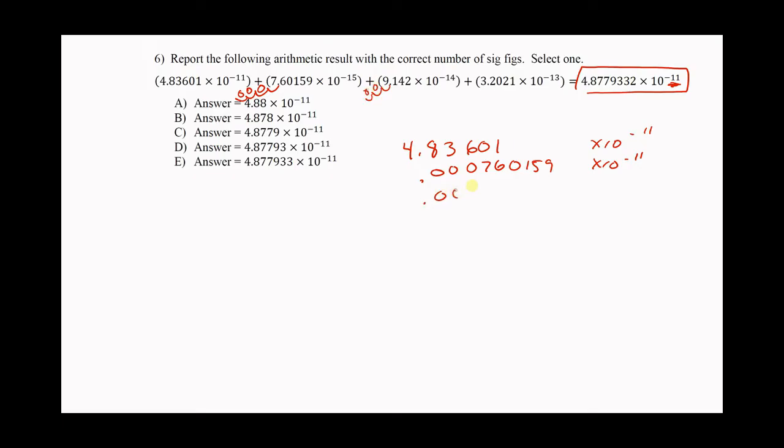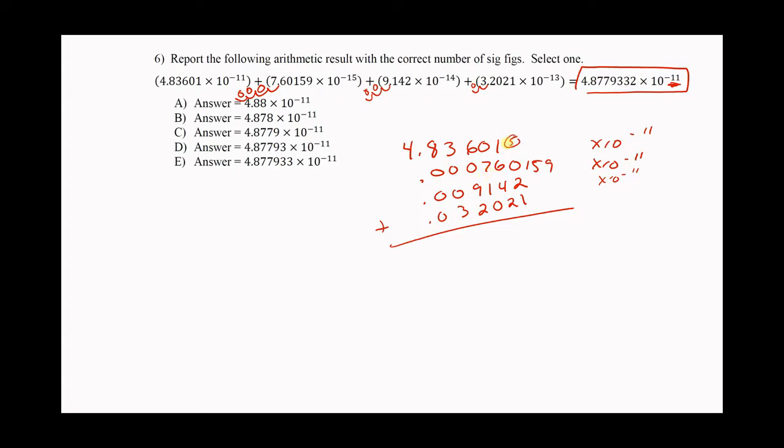So 0.009142 times 10 to the minus 11. And 13, that would be 12 and then 11. So 0.032021. Add them together. So what do we have here, right? We have, what's our smallest? We have 5 decimal places.